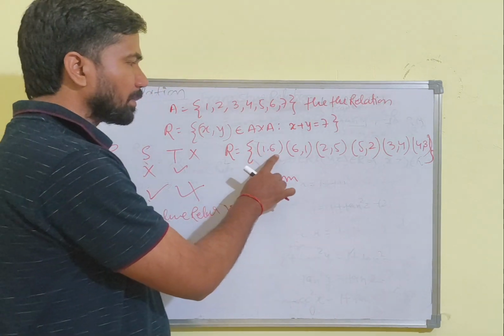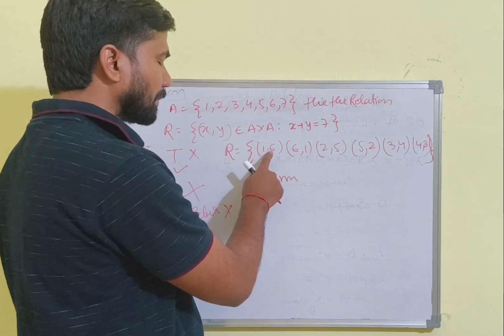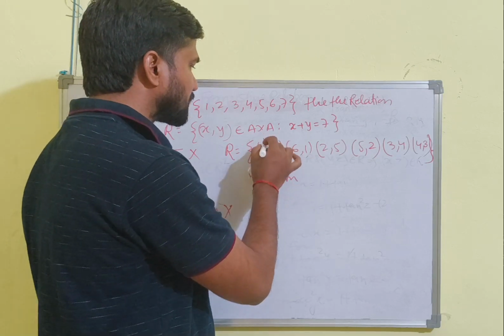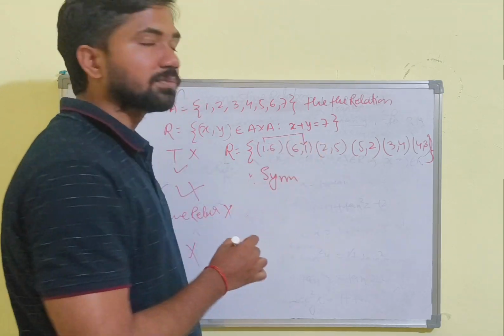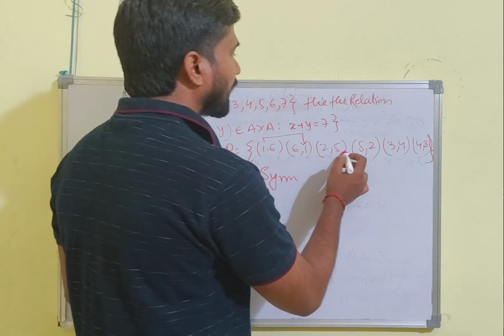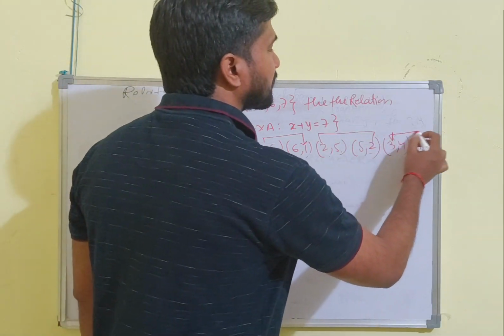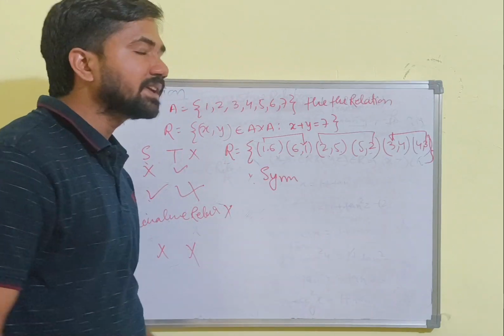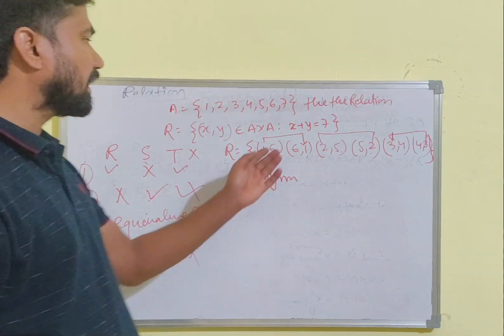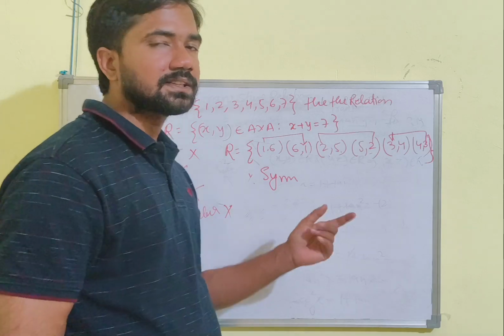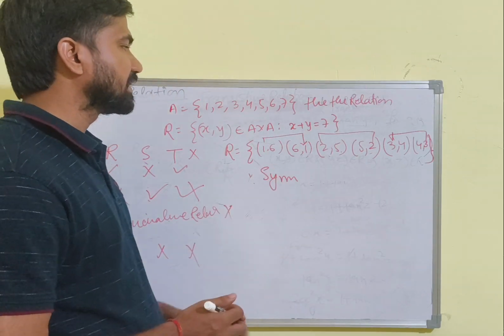See here, (a, b), (b, c). So what must be there? (1, 1) also must be present. Here 2 comma 5, 5 comma 2, so (2, 2) also must be present. 3 comma 4, 4 comma 3, (3, 3) also should be present. Then we can say it is a transitive relation. But neither (1, 1), nor (2, 2), nor (3, 3) is present. So we cannot say it is a transitive relation.